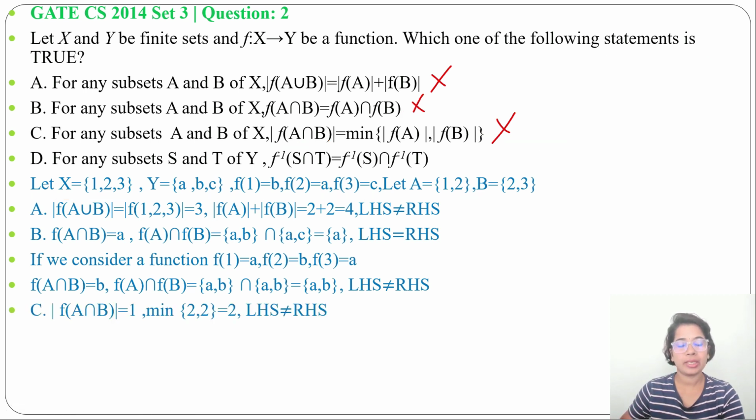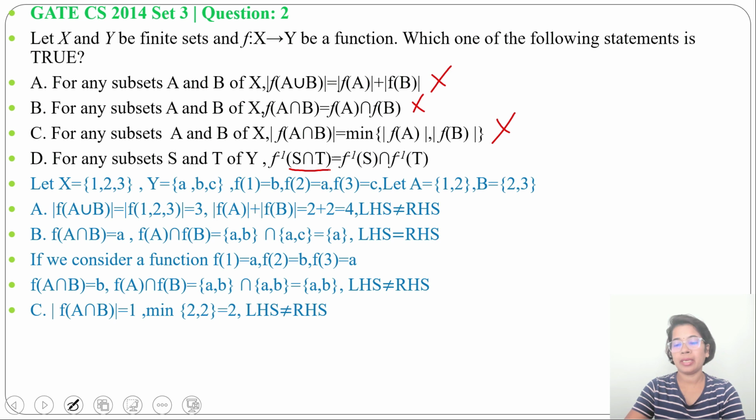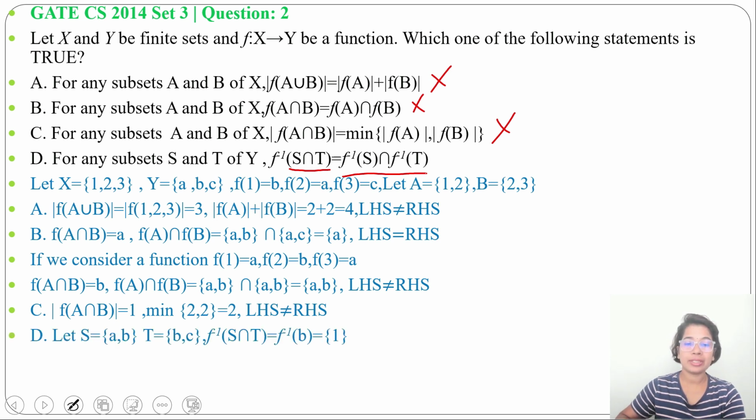Next we will check option D: for any subsets S and T of Y, f inverse of (S ∩ T) equals f inverse(S) ∩ f inverse(T). Let me take two sets S and T which are subsets of set Y. Set Y contains A, B, C. Let S = {A, B} and T = {B, C}.